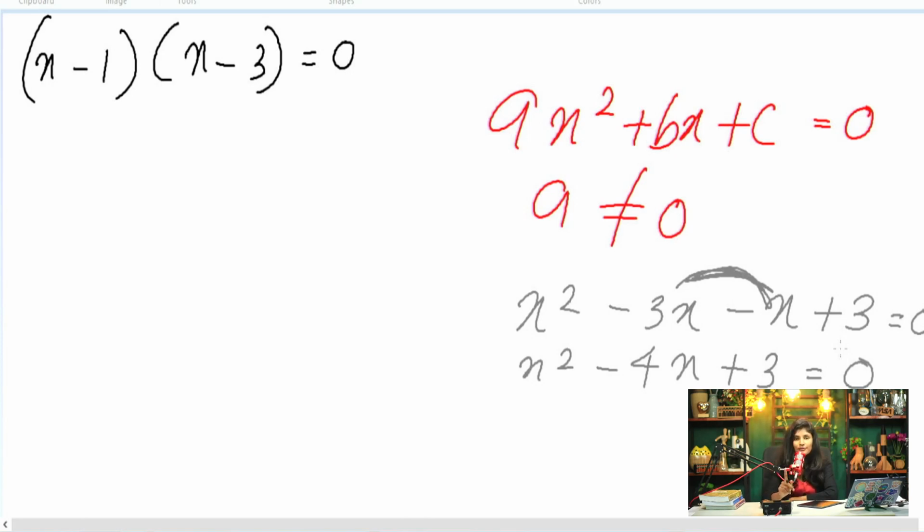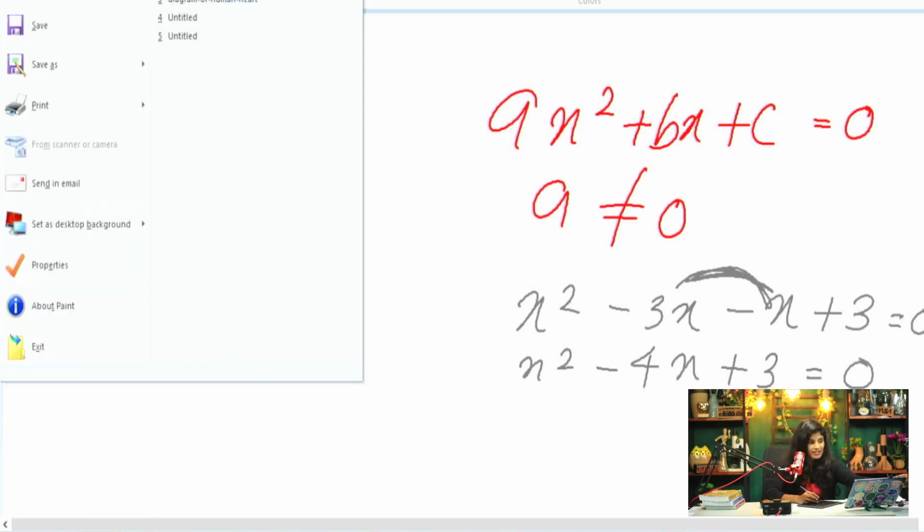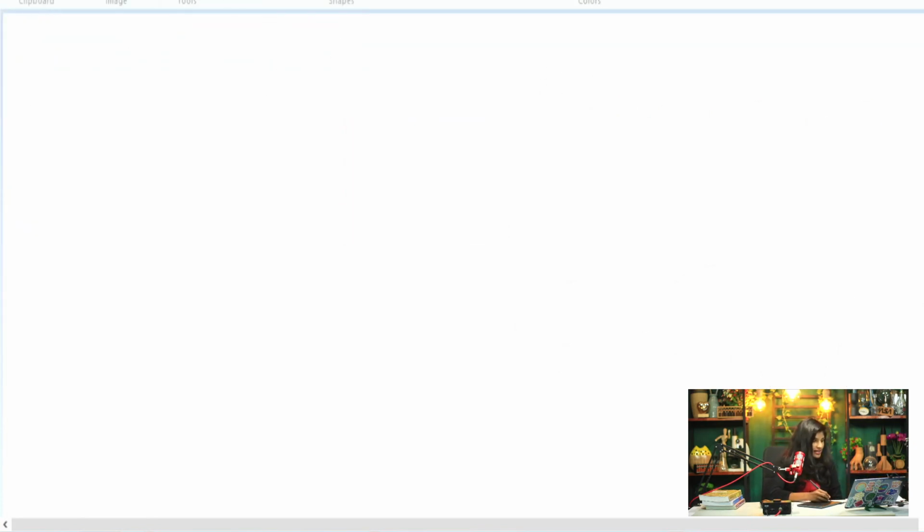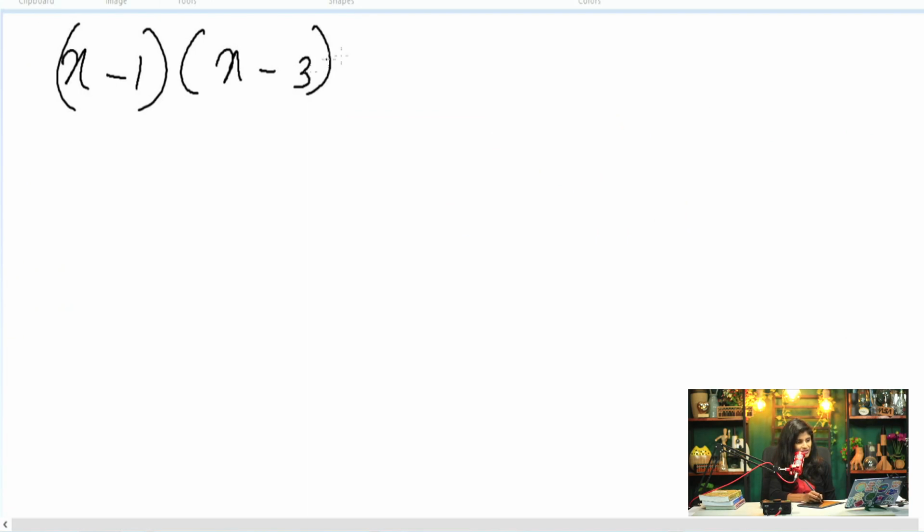Now, first, I'm going to teach you how to find the solutions if the factorization is already given. So let's get a new page and write the question. Our first question is x minus 1 and x minus 3 equals 0. Now how do we solve a quadratic equation? It's very easy.